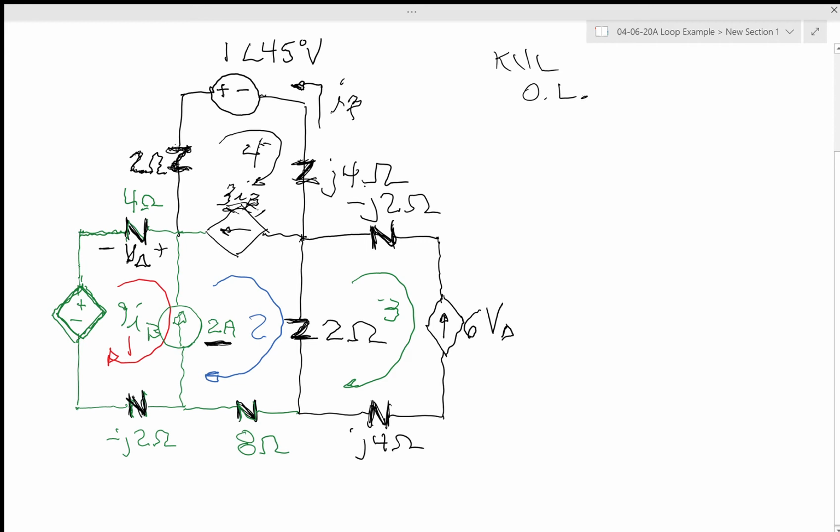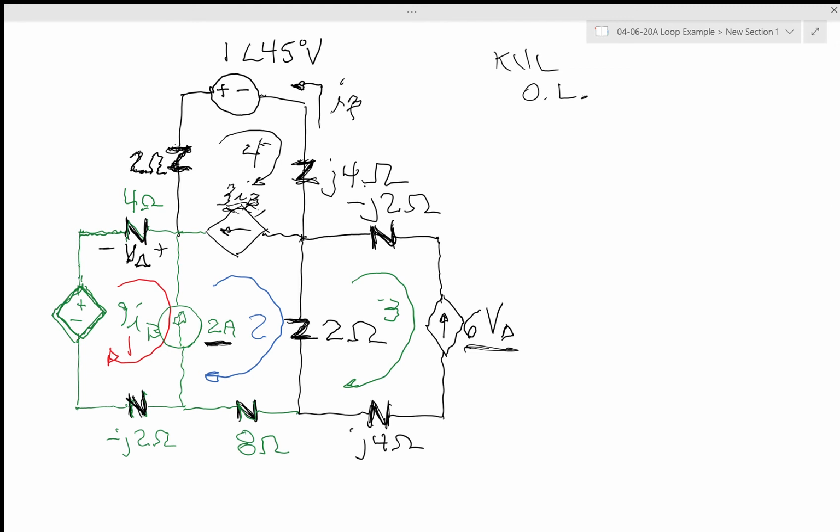And I come over and I see, here's another current source. The 6V delta current source uniquely defines the current I3. So, interesting. Just about everything is defined except for the super loop, which will include I1, I2, and I4.